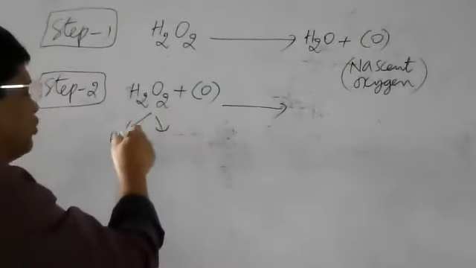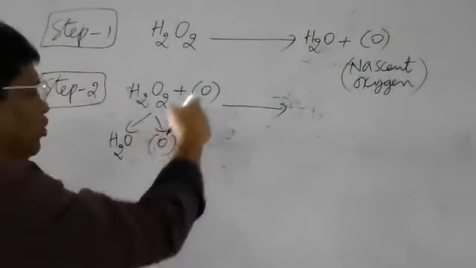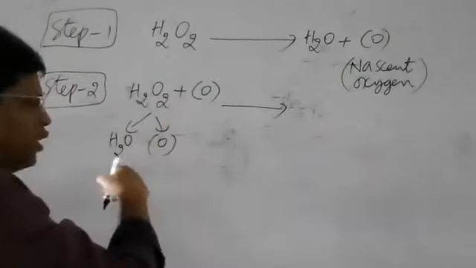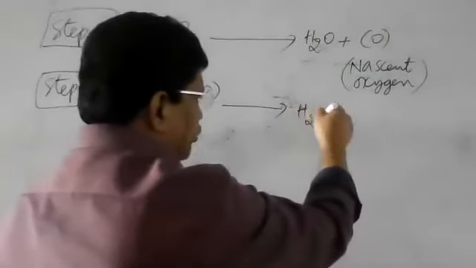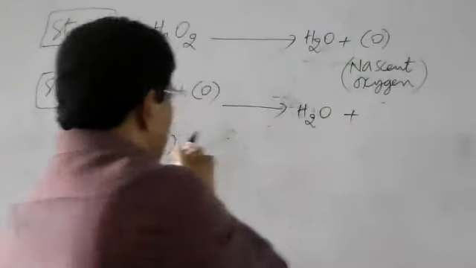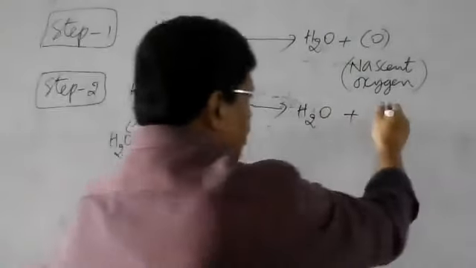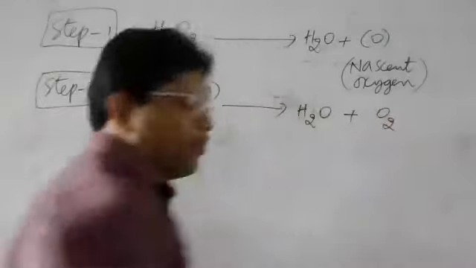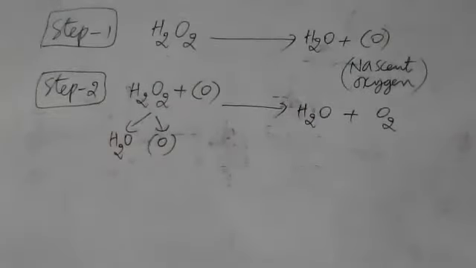This O and O combine to form O2, and H2O will be left. So H2O plus O and O, the nascent oxygen, will combine to form O2. Is this clear? So the reaction takes 2 steps.